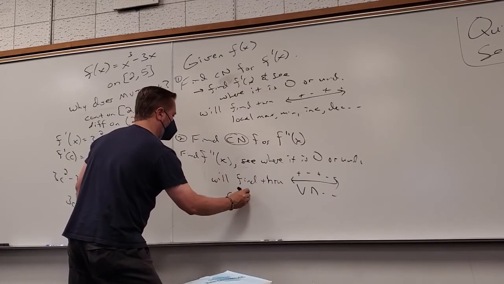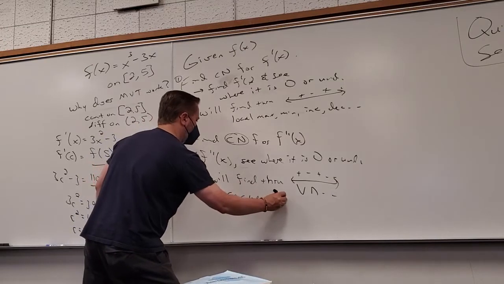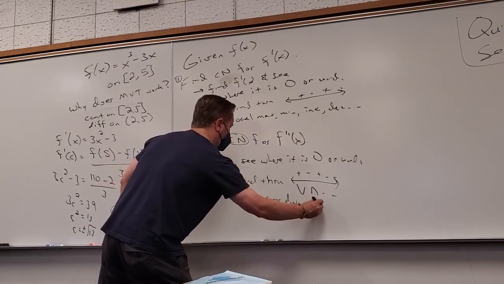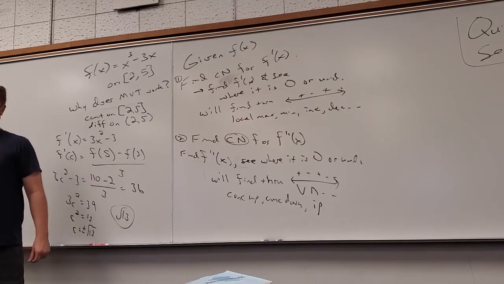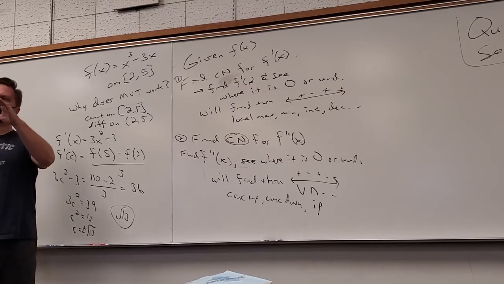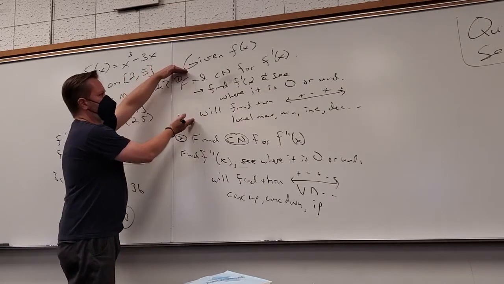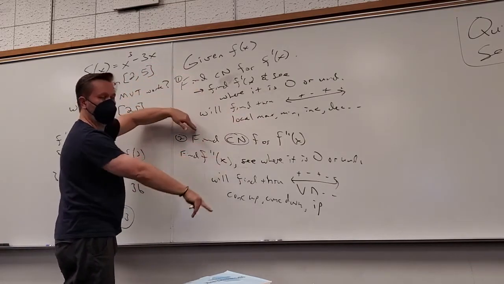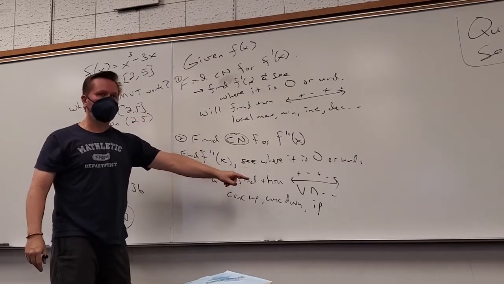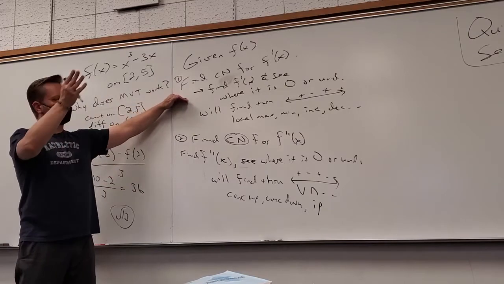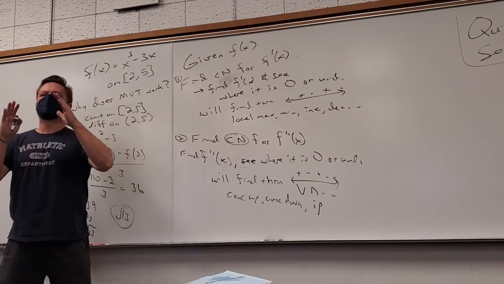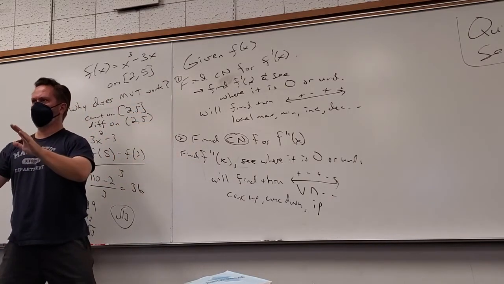What's really interesting to me is that for the first derivative you do this, and for the second derivative you do the same thing. You just have to interpret it correctly geometrically. First derivative is increasing, decreasing. Second derivative is curvature, concavity.